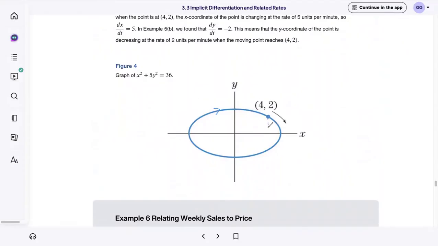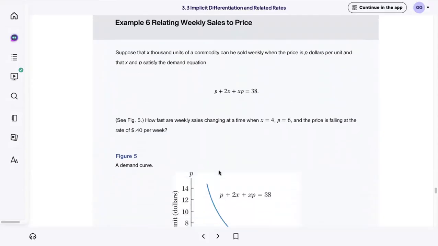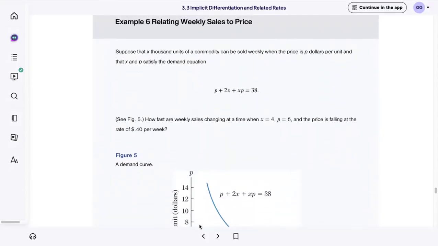So at this point, what is the speed of this, not circle, this ellipse spinning? Okay, so we just found out the -2. The speed is decreasing.